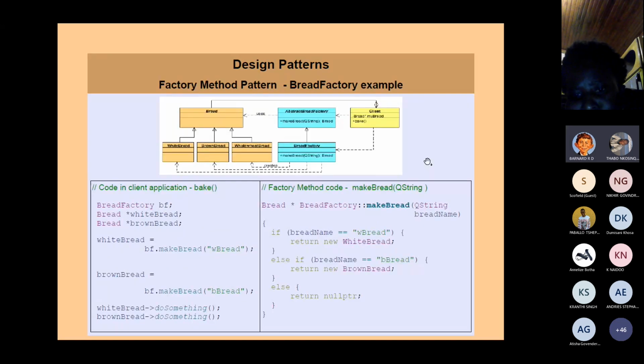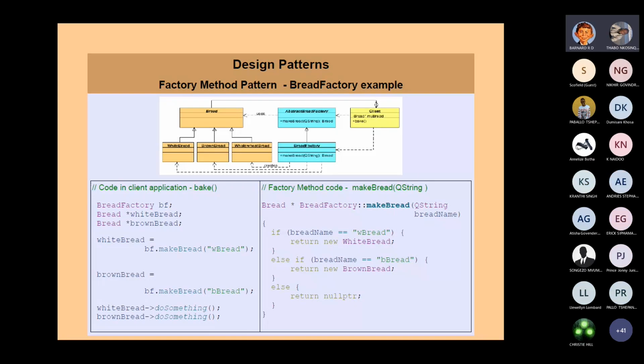Then this example is from the video that's available on my Unisa. This is, in fact, what's known as the parameterized factory method. Again, you have your abstract product class here. In this case, it's bread. And you have 3 concrete products: white bread, brown bread, and whole wheat bread.